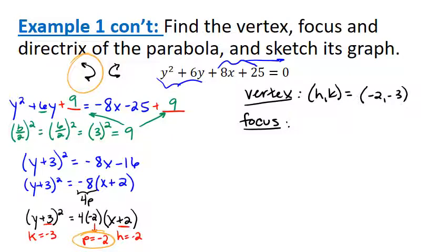If p is negative when the graph is going up and down, that negative will mean the graph's opening downward. Okay, so you want to identify whether or not p is positive or negative. Okay, so since our graph is opening to the left, the focus is going to be to the left of the vertex.